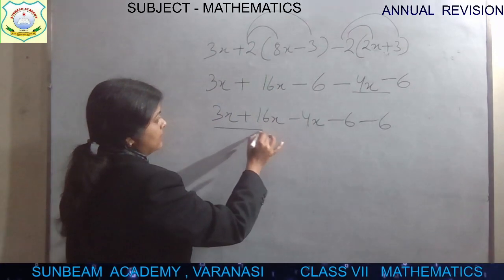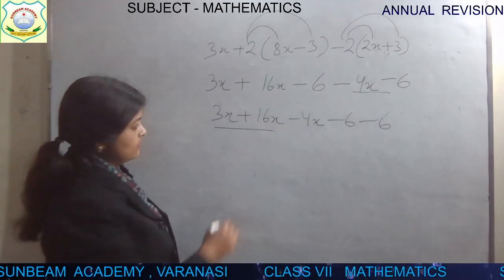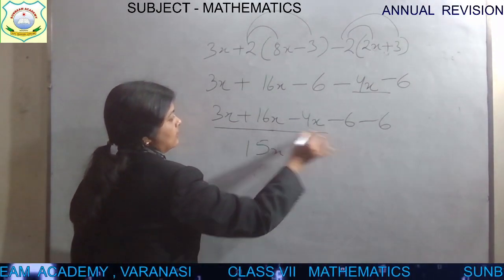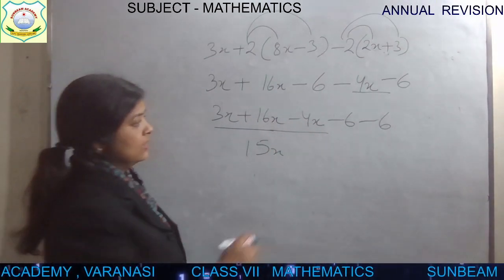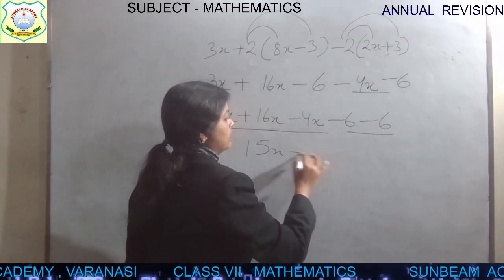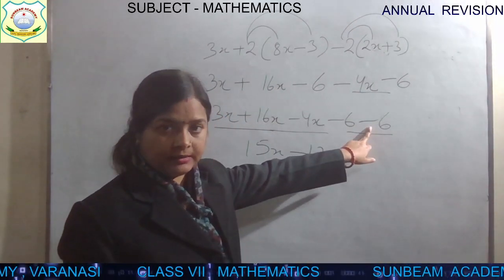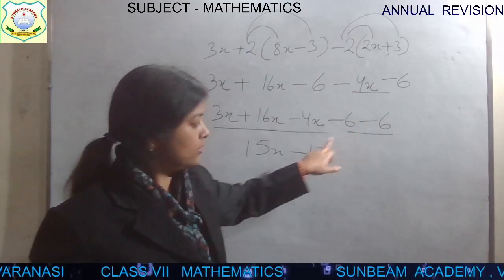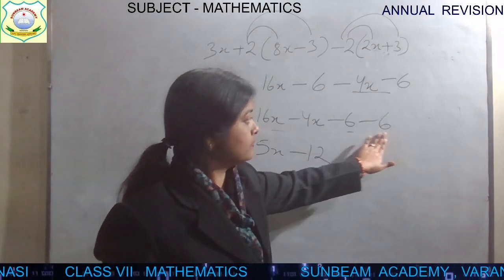Now 3 plus 16, it's 19. 19 minus 4, it's 15. So 15x. And minus 6 minus 6 will become minus 12. Both were having the same sign, so we will add them. 12 will come and we will put their sign. The sign is negative, so put the sign as negative. So this is the answer.